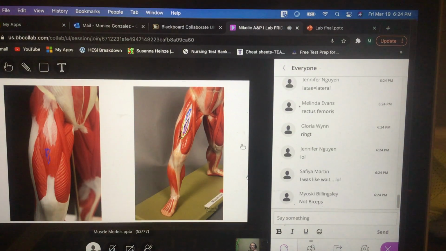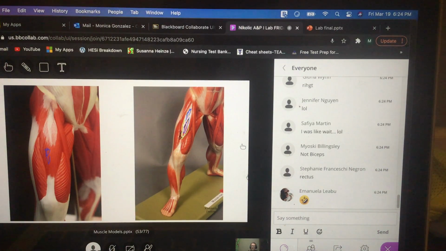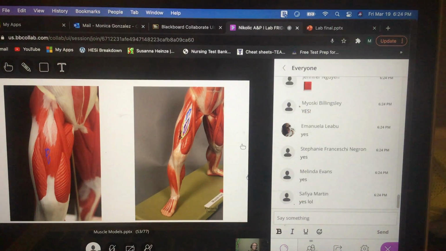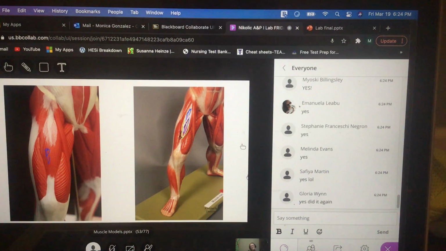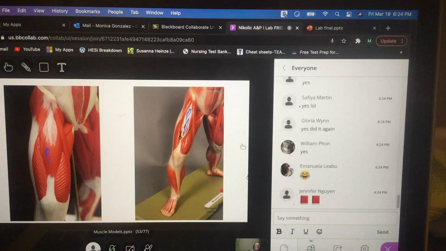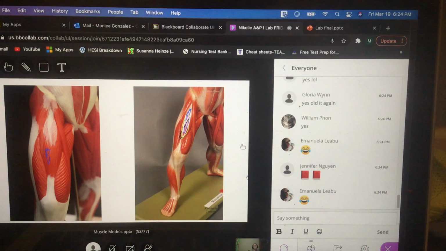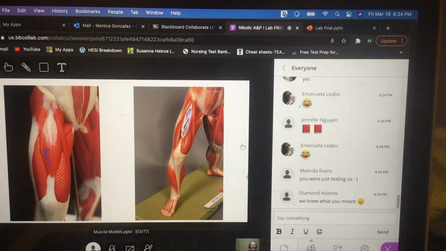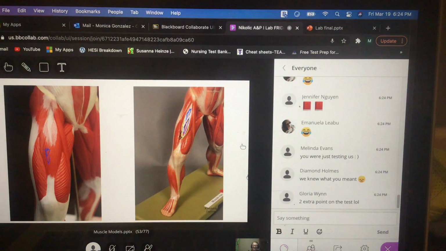All right. Rectus. Did I say biceps femoris? See, I told you. Don't say biceps femoris, rectus femoris. In my head, I said rectus femoris. That doesn't count. But in my head, that's what I said.